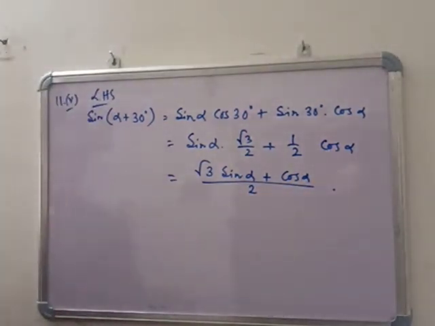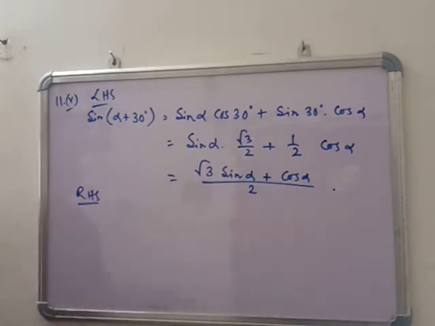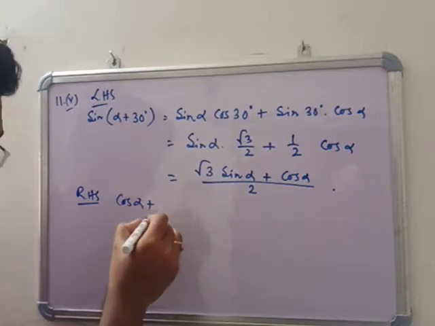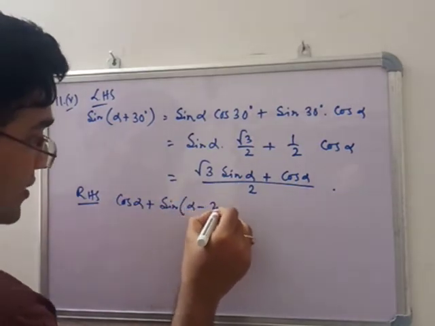This is the LHS. So in the RHS given cos alpha plus sine of alpha minus 30 degree.